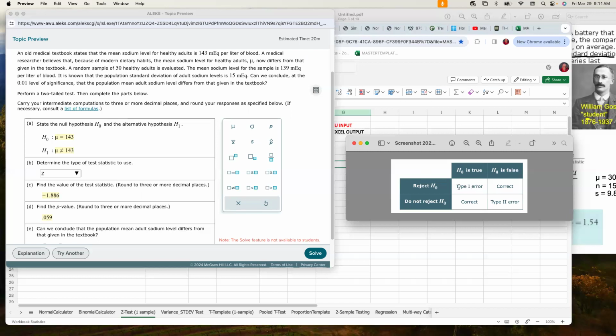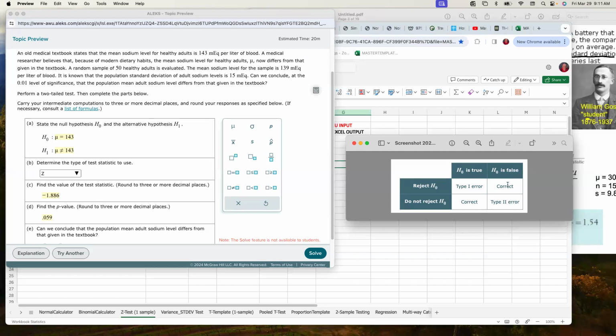We can always have control over this by just selecting the appropriate alpha. What risk are we willing to take for that? Whereas over here, this type 2 error, the computation of the probability of that occurring is a little bit more complex, but I can tell you that the remedy of that is to just increase the sample size, and you'll start seeing this probability getting lower and lower and lower.